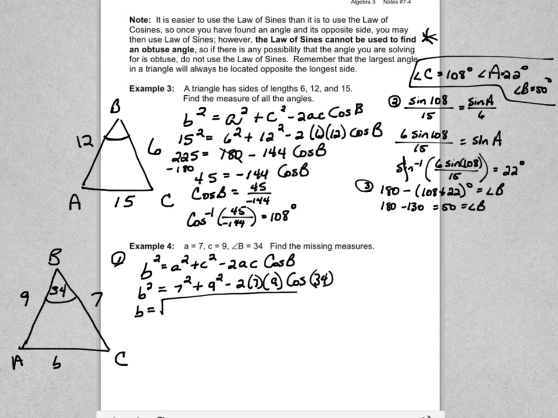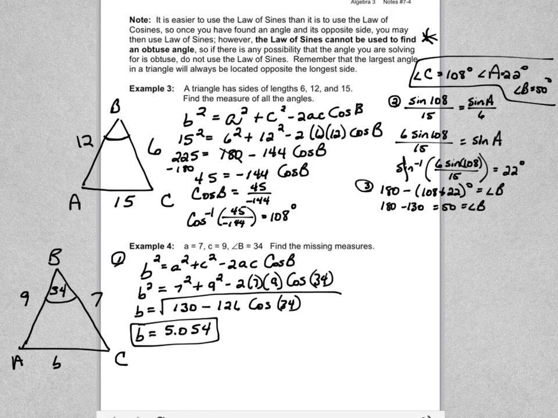So we have 49 plus 81, that's 130, minus 126 cosine 34. That's just squaring the 7 and the 9 and adding them together, and then multiplying 9 times 7 times 2 and getting 126. So B then, once we do all that and take the square root of it, is 5.054.